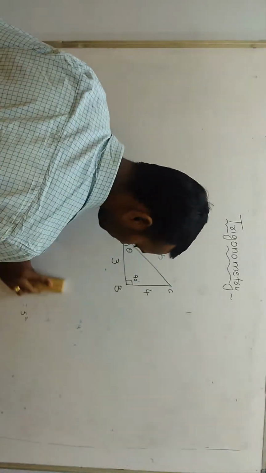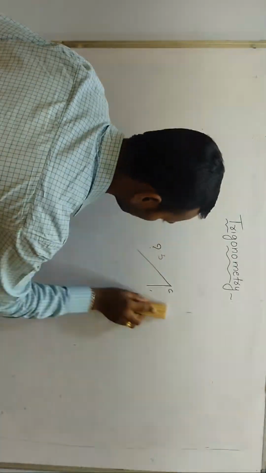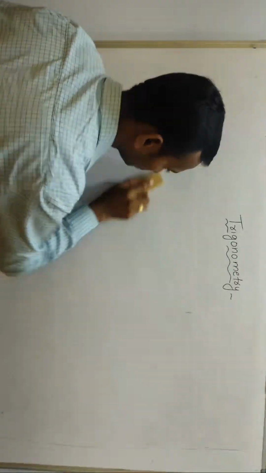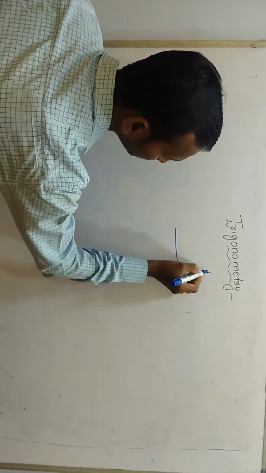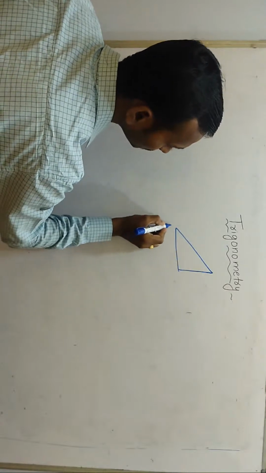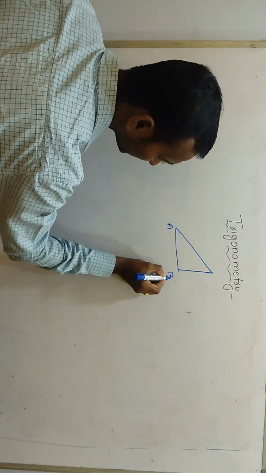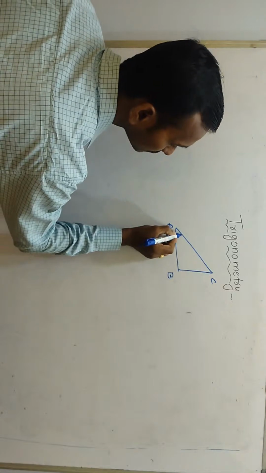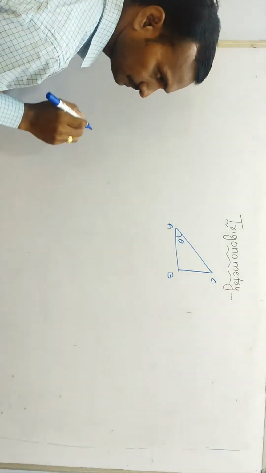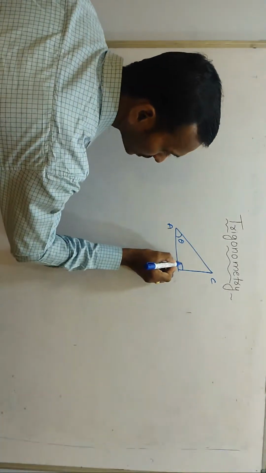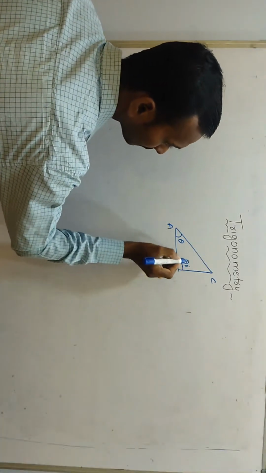For example, a similar question is given like this. ABC is a right angle triangle. Here the right angle is at A, so this is 90 degrees.